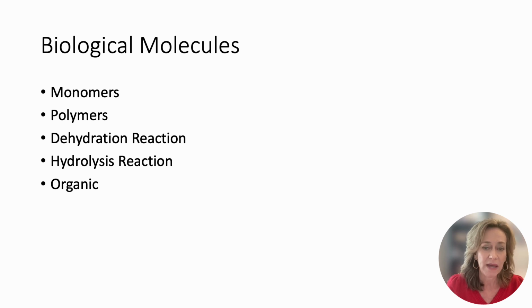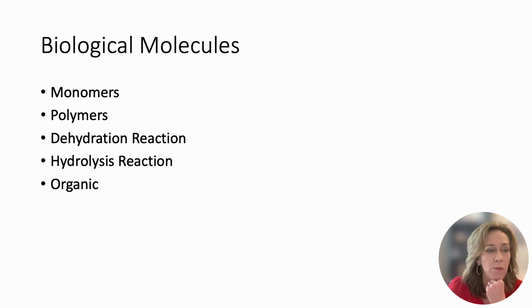And they do that based on one of these reactions. So does the dehydration reaction build up monomers to polymers, or does the hydrolysis reaction build up monomers to polymers? Yeah, the dehydration reaction is going to build up the polymers. The hydration reaction or hydrolysis is going to break down the polymers into monomers.